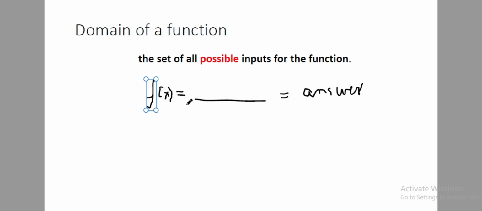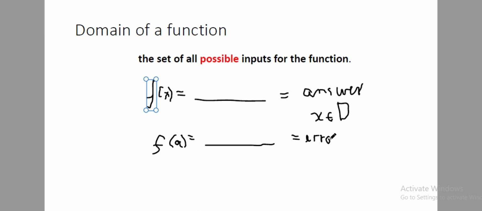So if there is a specific answer, then x is part of the domain. But if we substitute, say for example, a value into a given expression and there is no answer, or in our calculator it's an error, meaning that element is not part of the domain.